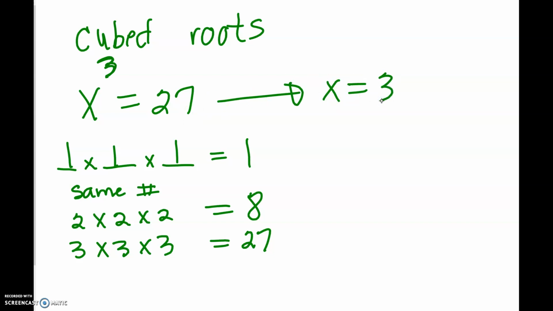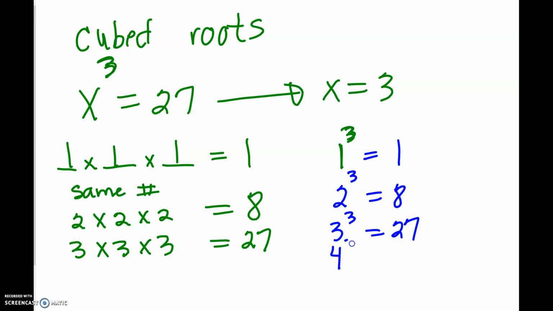So if we write a chart or a list, kind of like I did with the perfect squares, 1 cubed is 1. 2 cubed, which we did, 2 times 2 times 2, is 8. 3 cubed, which we did here, 3 times 3 times 3, is 27. 4 cubed is 64, 4 times 4 times 4. 5 cubed, 5 times 5 times 5, is 125. 6 cubed, 6 times 6 times 6, is 216.